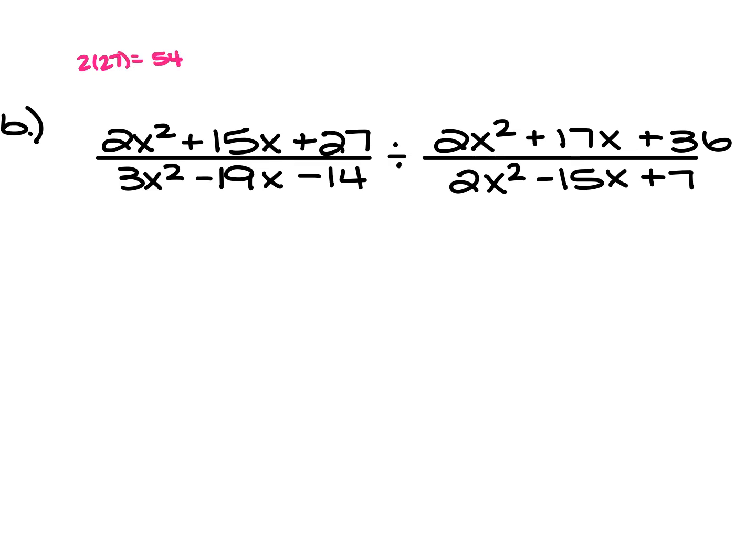We want the factors of 54 that add up to be 15. That's 9 and 6. So this is going to give us 2x squared plus 6x plus 9x plus 27. We group these, factor out a 2x from the first, factor out a 9 from the second. That's going to give us 2x plus 9 times x plus 3.